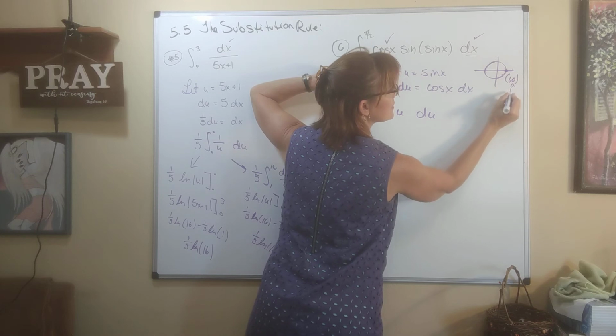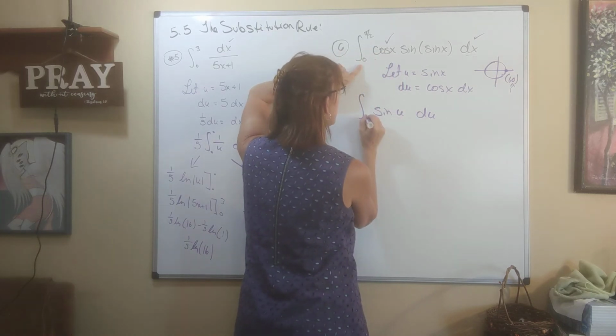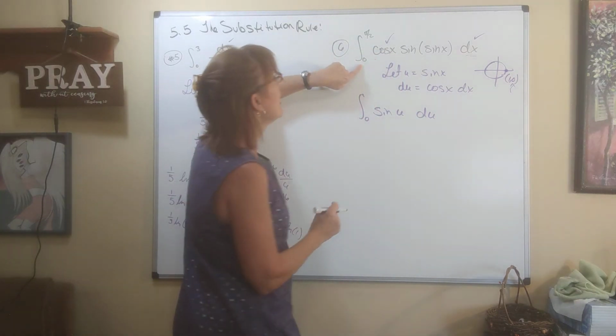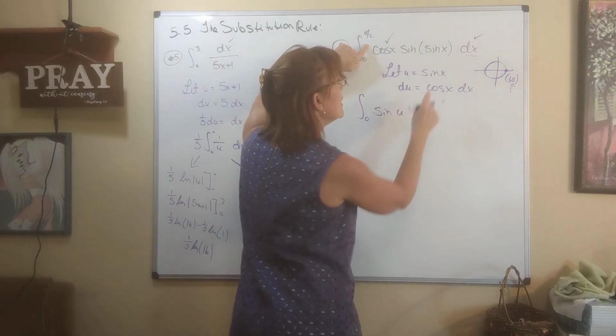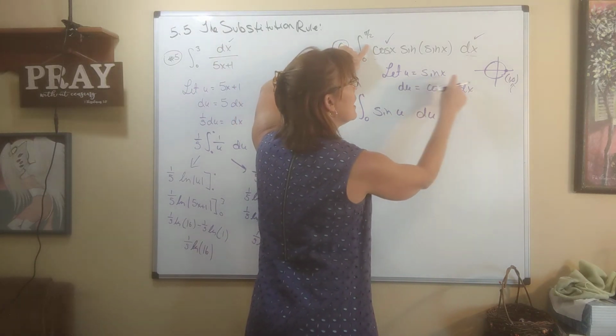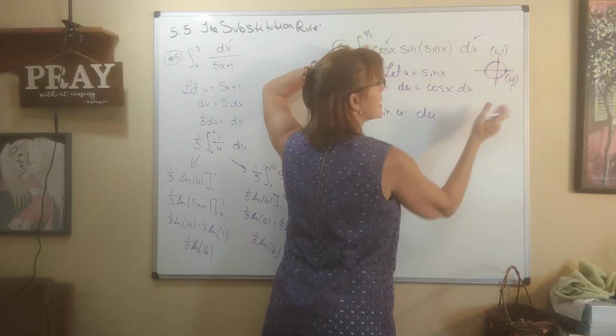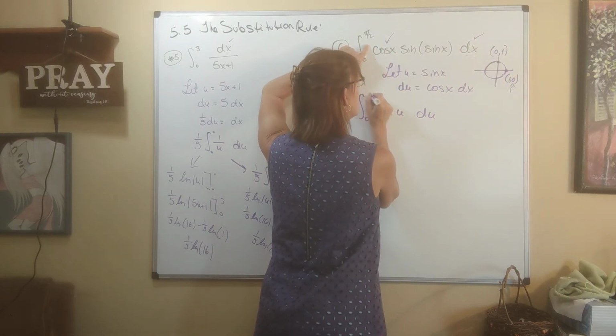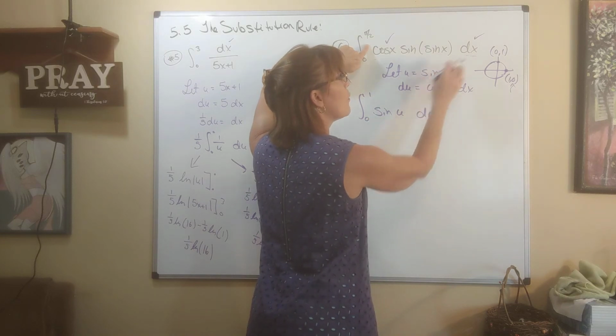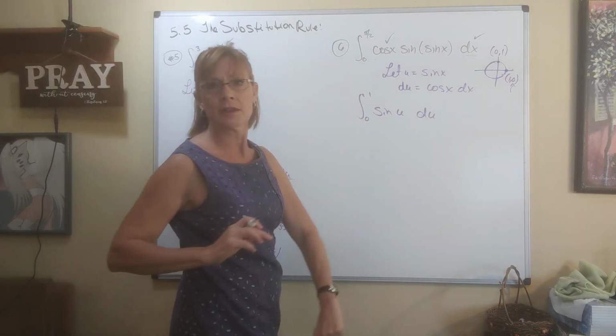So the sine of angle 0 is 0. So that's still going to be a 0 right there. Now if I put in pi over 2, the sine of pi over 2: this is pi over 2 right here, (0, 1). The sine is the y value, so the sine of pi over 2 is 1. So I changed my u limits right there.